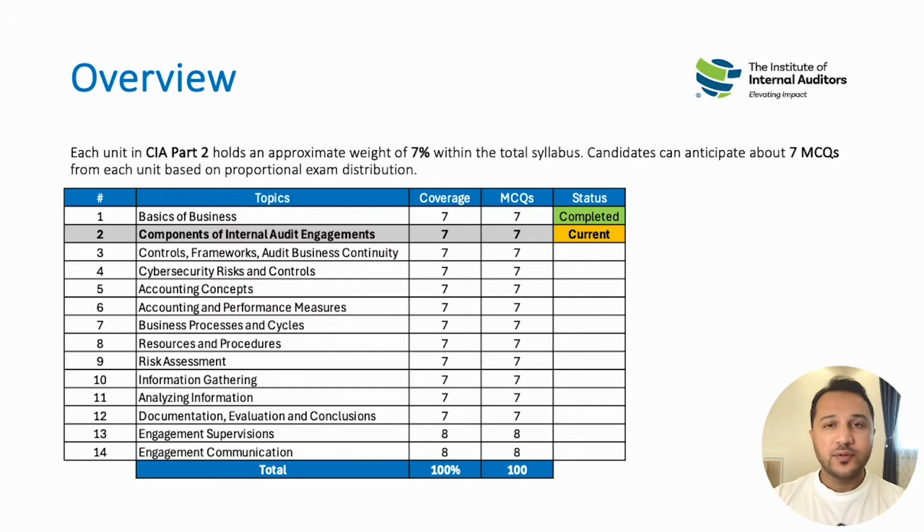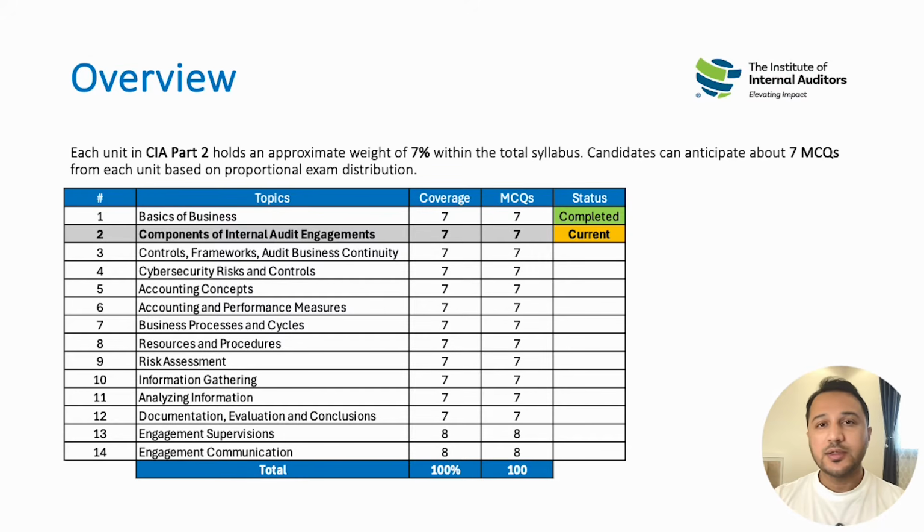Here we have the list of the entire 14 units in CIA Part 2. Today we will be discussing Unit 2, which is the component of internal audit engagement. In the earlier video, we already went through the basics of business, in which we talked about strategy, what the internal and external influences are that impact an organization, and how the organization's strategy is formed.